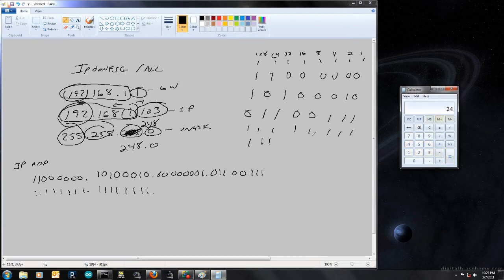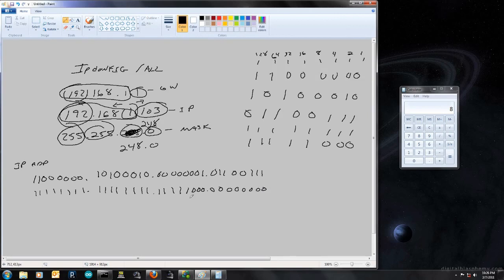So we're down to 24. So 16, yes. Minus 16 equals 8. So 16, yes. 8, yes. And then that's it. Remainder of zeros. So in this case, with a 248 mask, we've got 1, 1, 1, 1, and then one more, and then 0, 0, 0, and then the last one is 0.